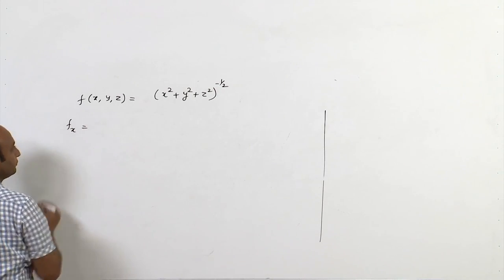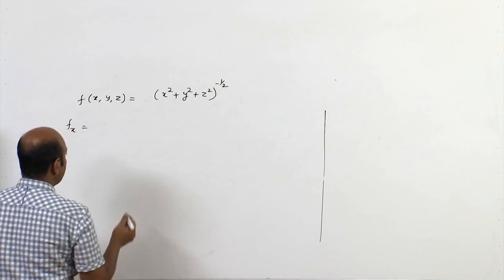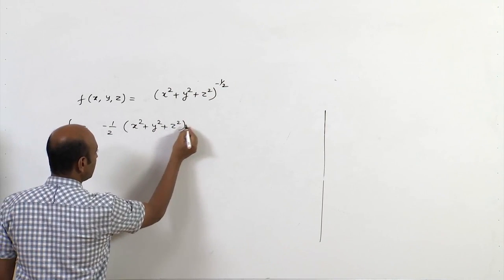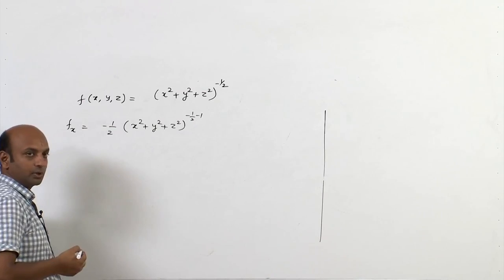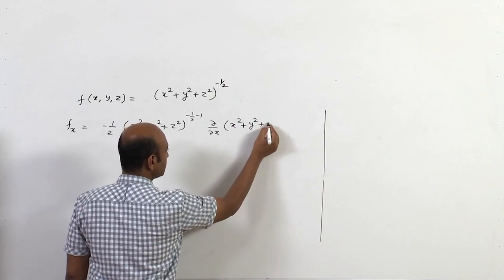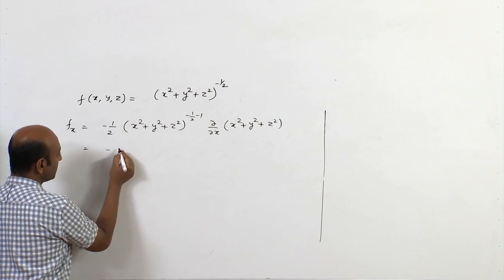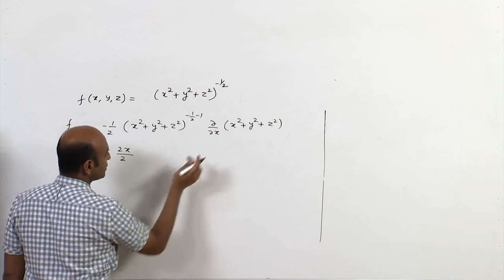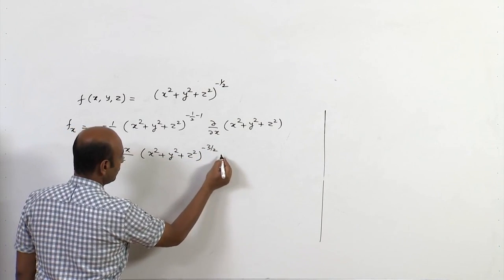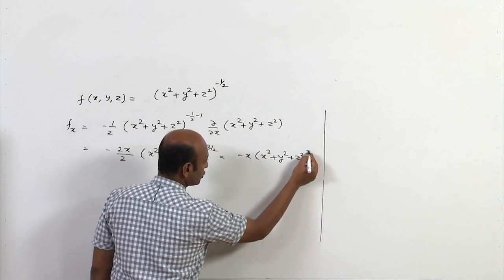So, f_x will be, now it is t raised to power minus 1 by 2, the derivative of that will be minus 1 by 2 t to the power minus 3 by 2, where t is x square plus y square plus z square, and del by del x of t, that is x square plus y square plus z square, is 2x. So it is minus 2x upon 2, which is minus x into x square plus y square plus z square whole raised to power minus 3 by 2.